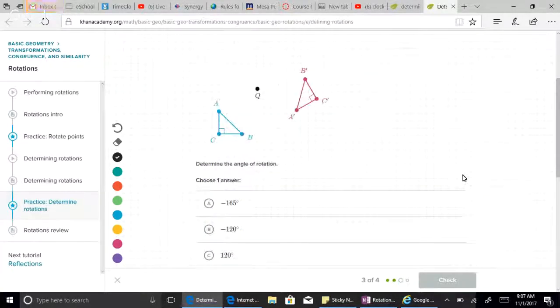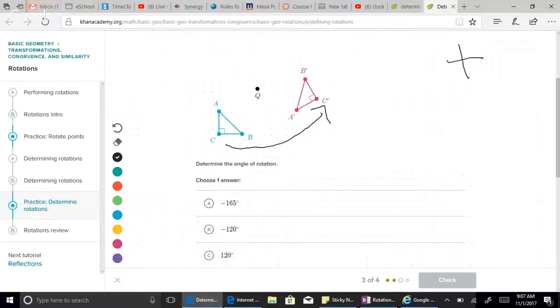Okay, again, first question: is our answer going to be negative or positive? Well, again, we started right here and then we moved over here, and that is counterclockwise. Counterclockwise is positive degrees, so I'm going to write a plus sign over here so I know it has to be one of the positive answers.